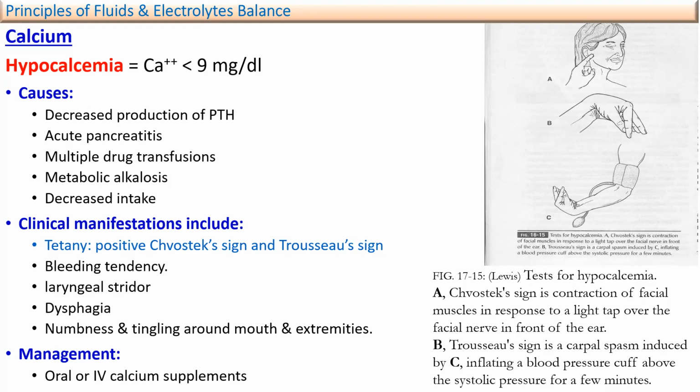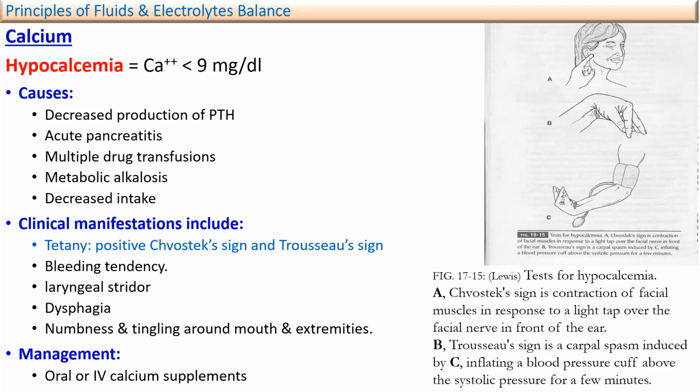And the Trousseau sign is the carpal spasm, which will be induced by the inflation of the blood pressure cuff above the systolic pressure for a few minutes, and you see that the fingers will have the carpal spasm in response to that inflation of the cuff. So these two signs are positive for hypocalcemia.